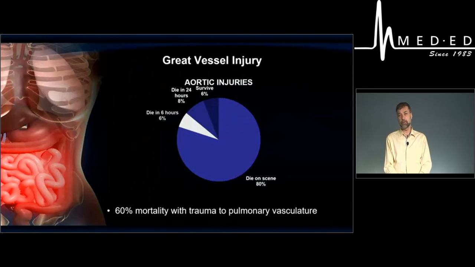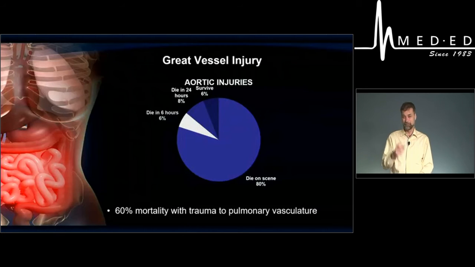Now, as you get to some of the other great vessels, they also have a high death rate, but maybe not quite as high. For example, if we look at the major pulmonary artery and vein, about 60% of people who injure those vessels are going to die, but the survival rate is a little higher with those. Who's the most famous example of somebody who died from a great vessel or a pulmonary artery rupture or laceration due to trauma?